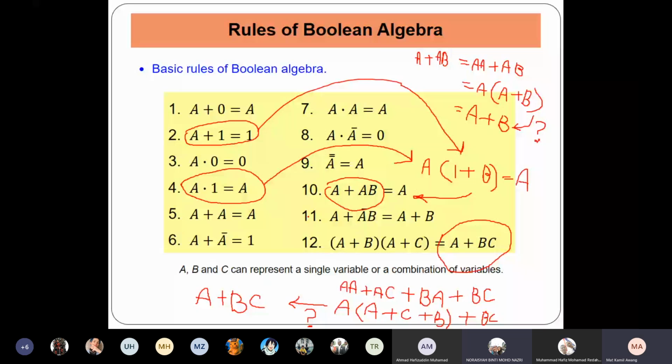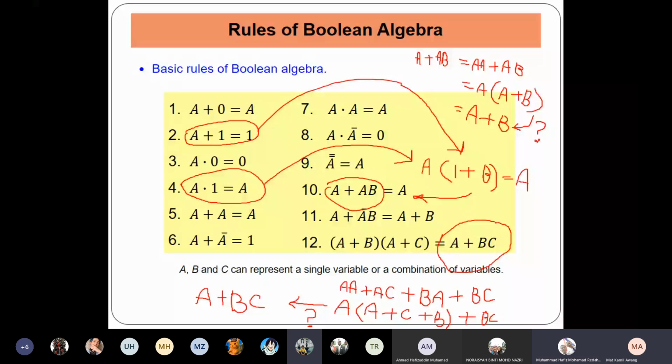Hantar asing. Put in a separate file. This one extra, you mark as quiz. Extra mark, sir. Dua tu, sir? 11 dan 12.